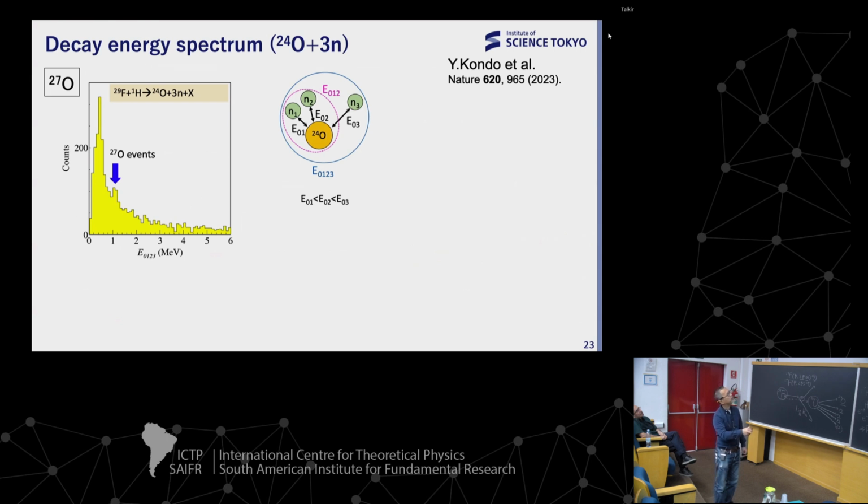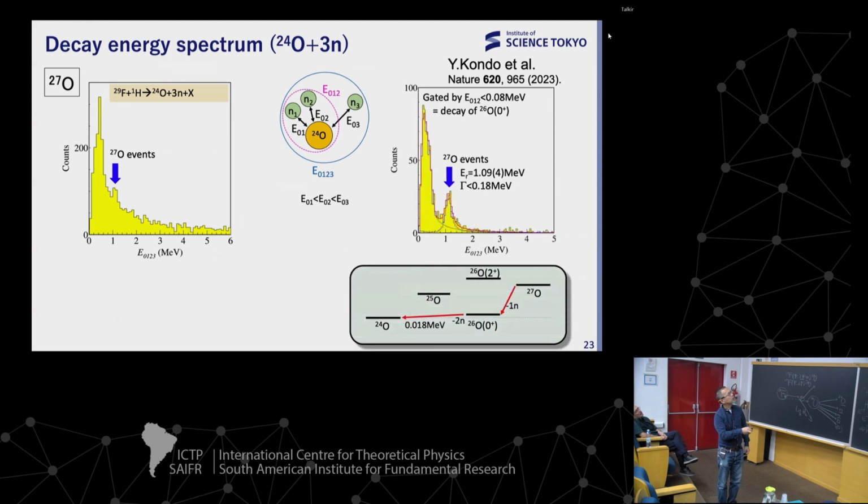So the relative energy between N1 and oxygen 24, N2 and oxygen 24, N3 and oxygen 24, you can extract event by event, right? And then we sort them, so that the energy of N1 should be smaller than N2 and N3, okay?